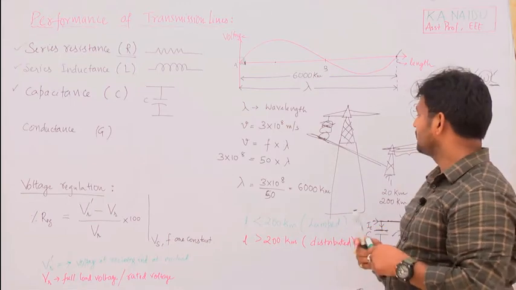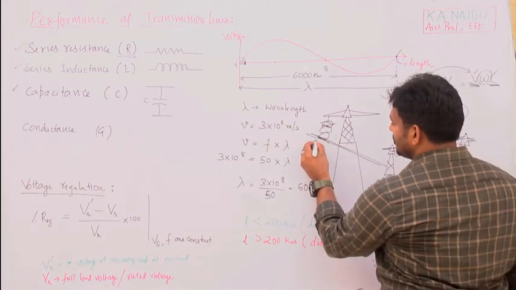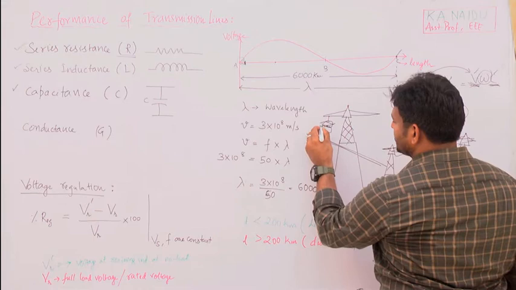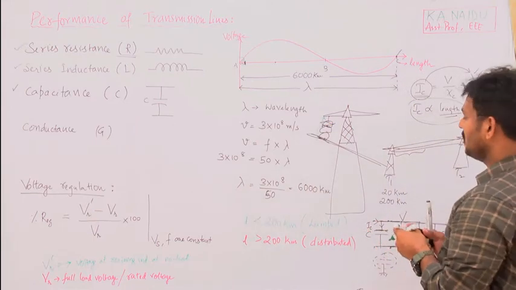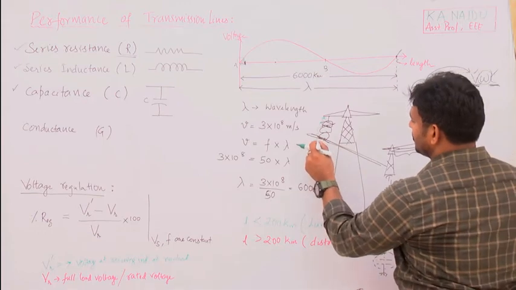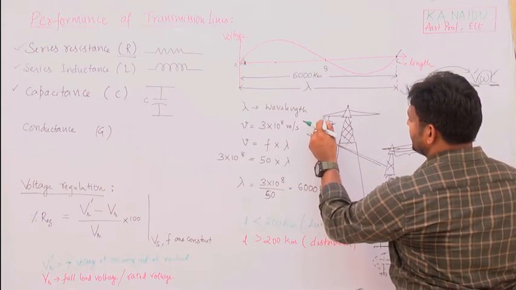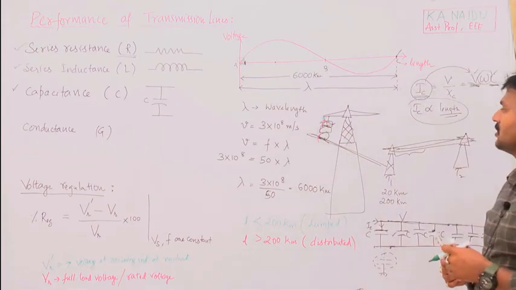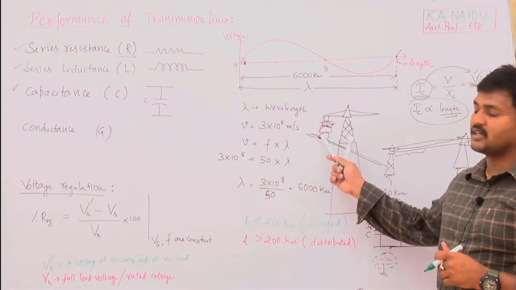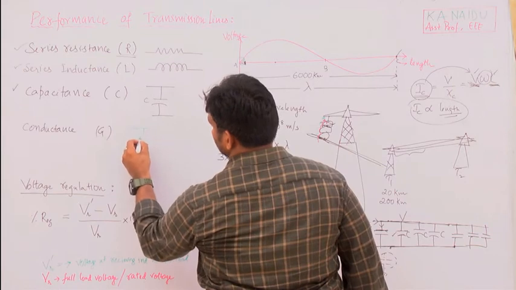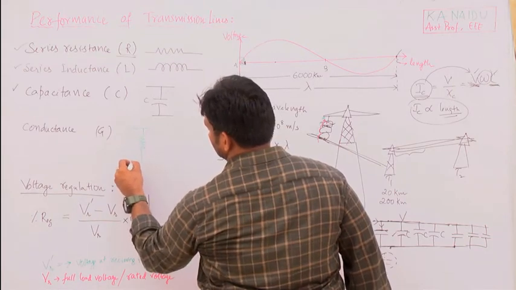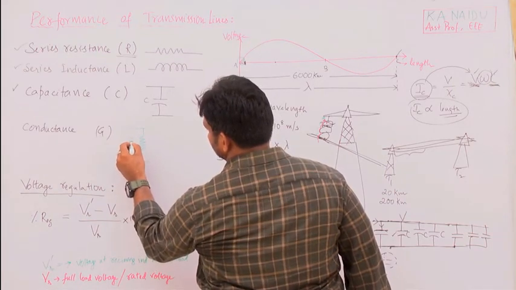Now what happens is, through these insulators a small leakage current will flow. This effect of leakage current can be taken as a shunt parameter, the conductance G.